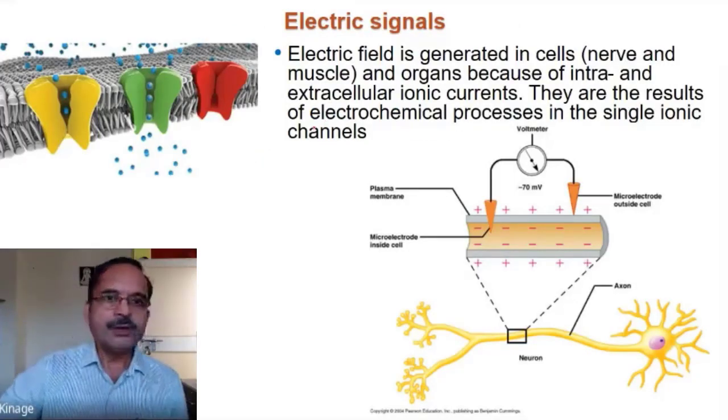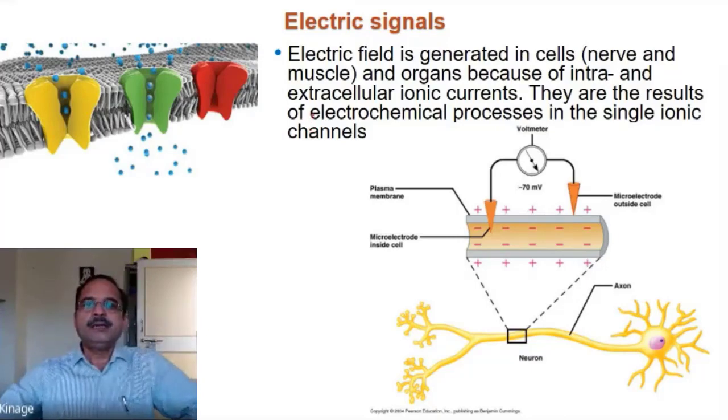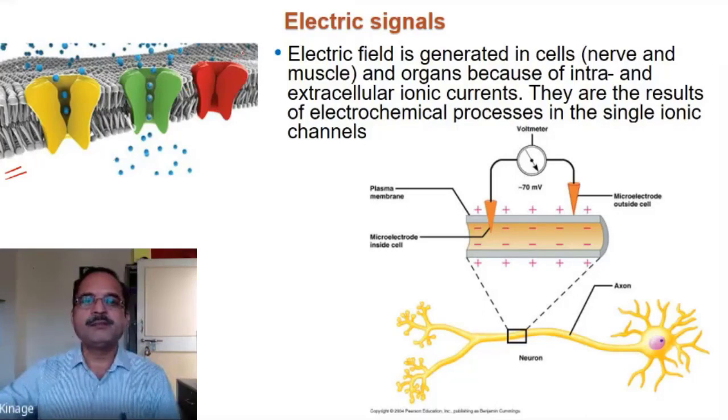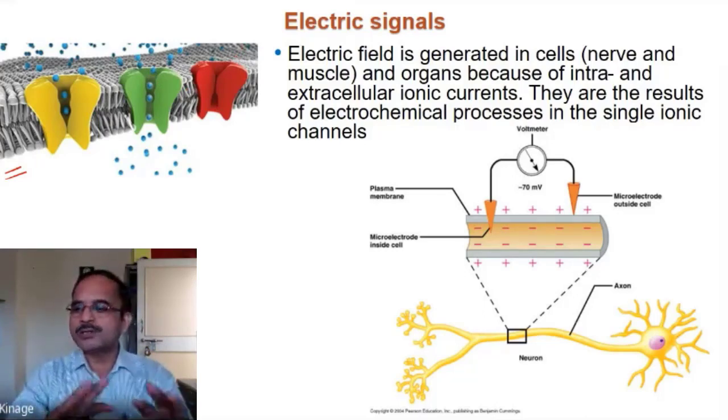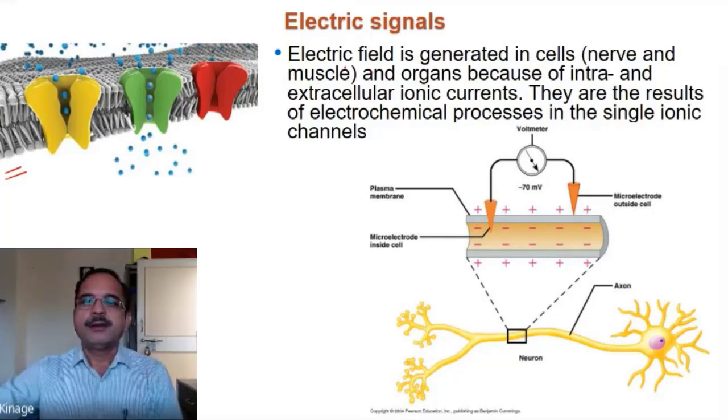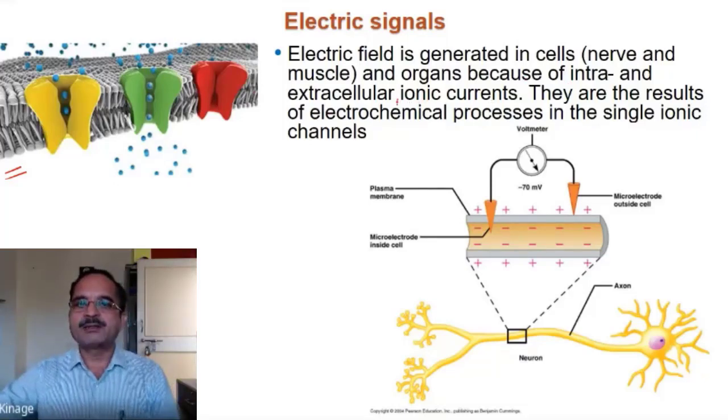Now, this diagram shows our cellular structure inside our body. There is a semi-permeable membrane here, that means the outside coating of the cell, and there are intra- and extracellular ionic currents.